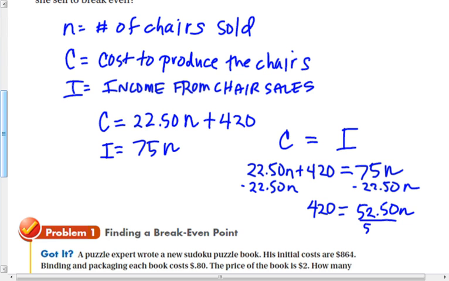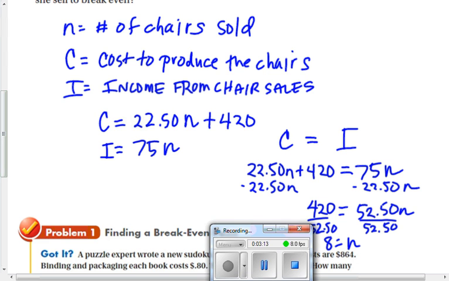Divide both sides by 52.50. And you get n is 8. So if you sell 8 chairs, the cost to produce the chairs and the income from selling the chairs is the same. So you'll break even on those. Go ahead and try problem 1 here.